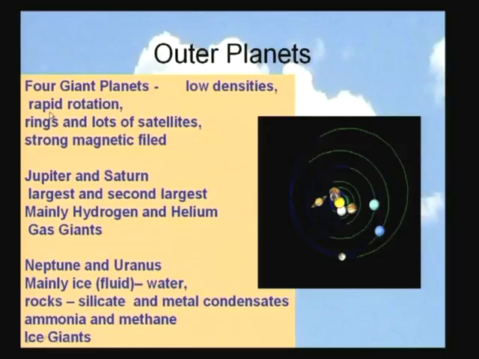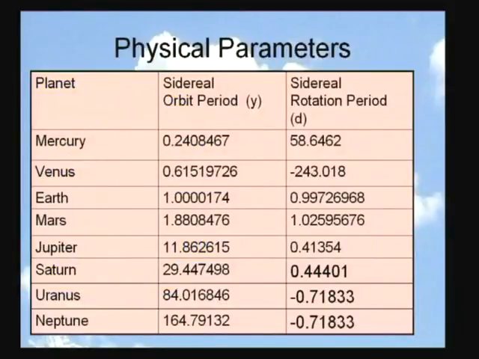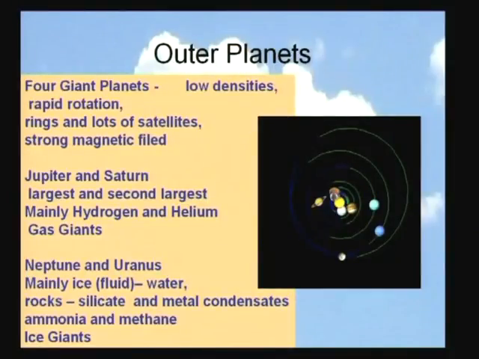They all rotate quite rapidly. If you look at their sidereal rotation periods, they are all less than a day, as you can see over here. So, these are enormous objects which are rotating faster than the Earth. You can imagine they are quite different, and they all have strong magnetic fields.